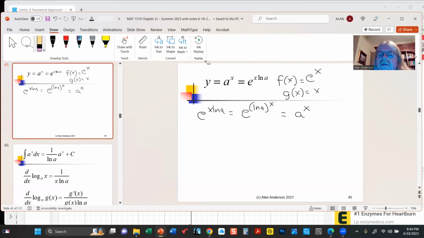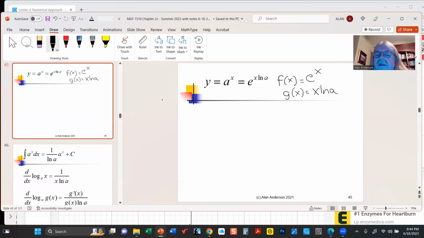And then g of x would be this x log a. Let's try it that way. I think this will be a little easier, because then f prime of x is e to the x. Now remember, ln a is just a constant.